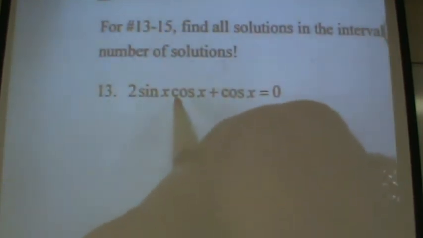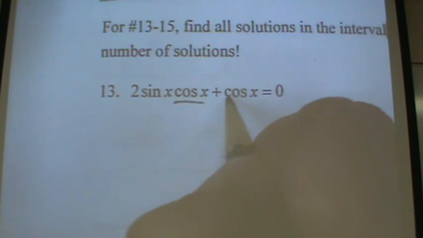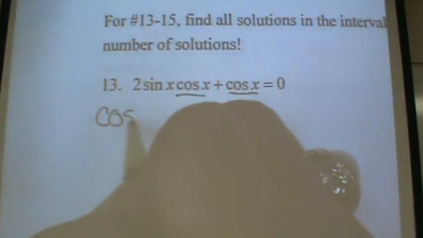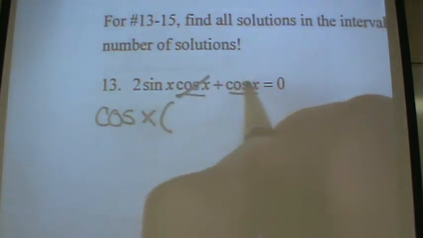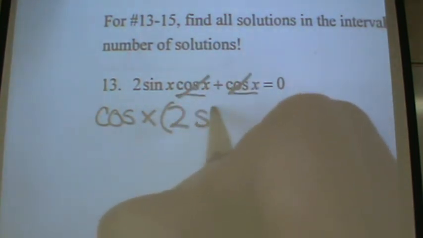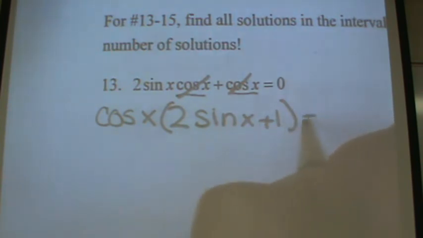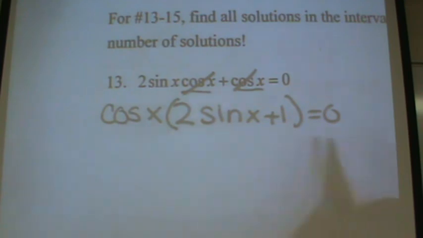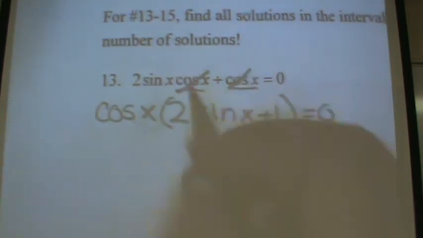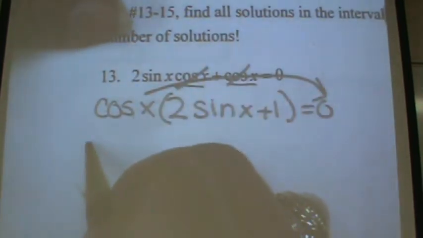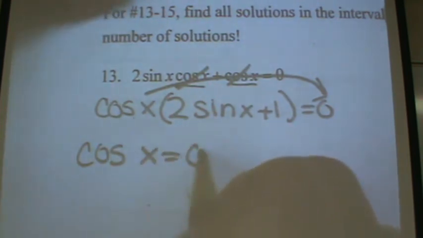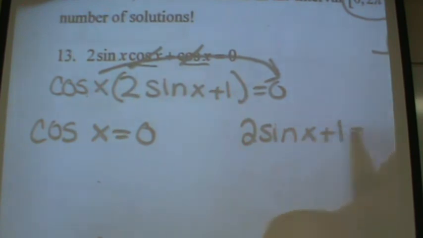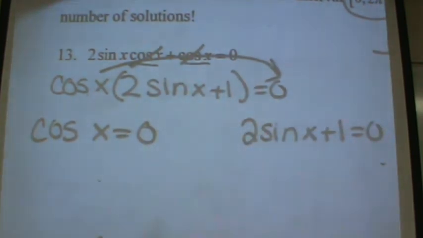So now, factor. What do you see common? What's the GCF here? Cosine of x. When you pull this out, you're left with 2 sine x plus 1 equals 0. We learned in algebra, when you're solving equations of this nature, you set each of these equal to 0. So if you set cosine of x equal to 0 and 2 sine of x plus 1 equals 0, I want to know the angles.